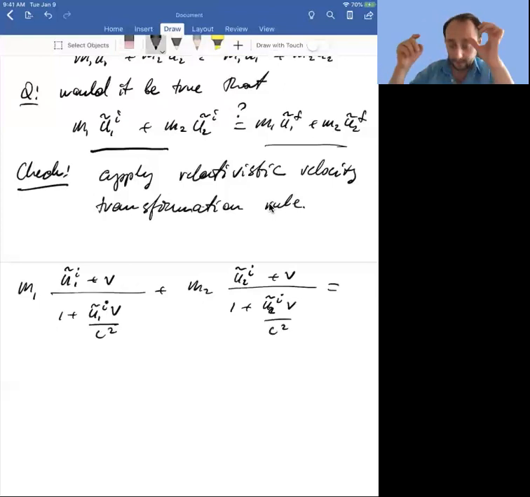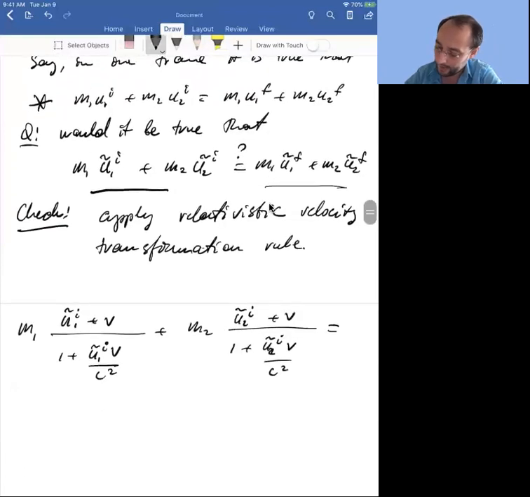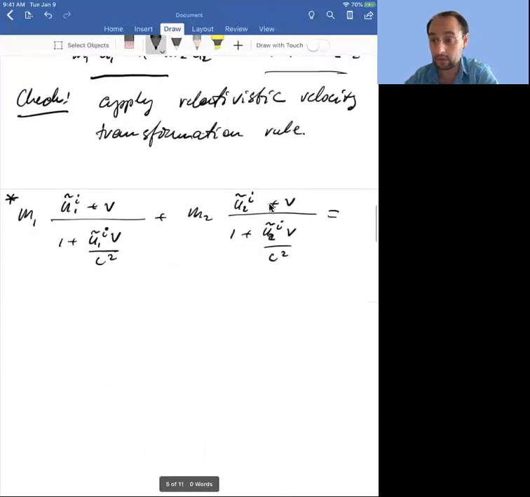So I'm taking the expression that I know is true, and I'm just applying the transformation. So this must be true. This is not a question mark. What I'm writing down is true if the star expression is true.